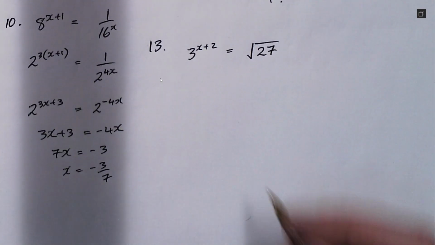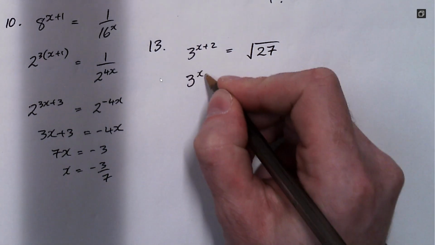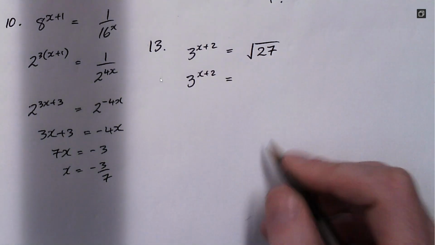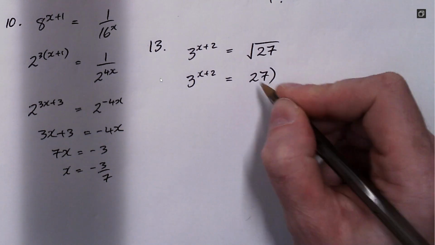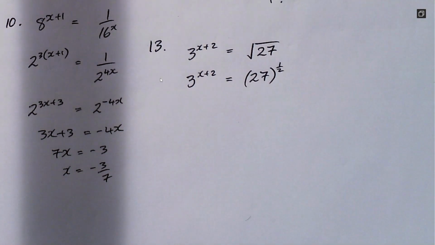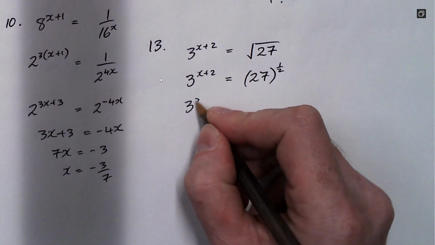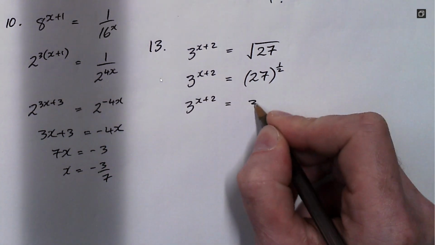Okay, so we write 3 to the power of x plus 2 equals 27 to the power of half. So whenever you have a square root, it is always the power of half. Next, 3 to the power of x plus 2 equals 3 cubed.